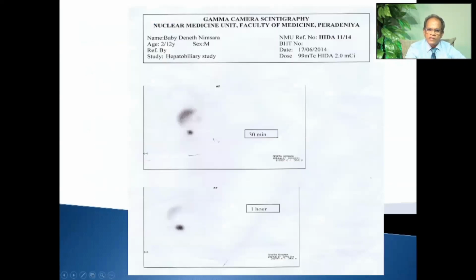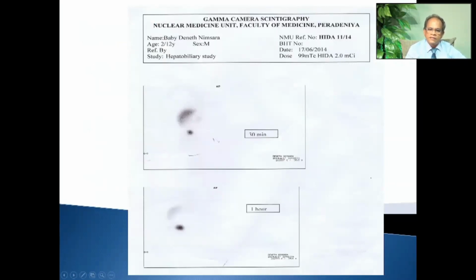So for example, now this is a patient, of course it's an old scintigram. So we got this patient who had fairly typical ultrasound findings and others of biliary atresia, and we got a scintigram done because this baby was under 2 months at the time, so we had a little bit of time to confirm with scintigram.